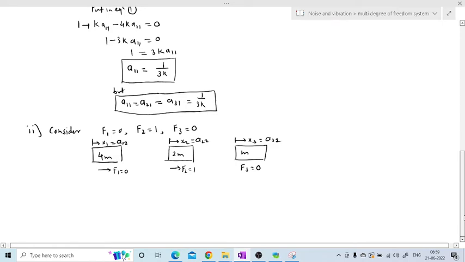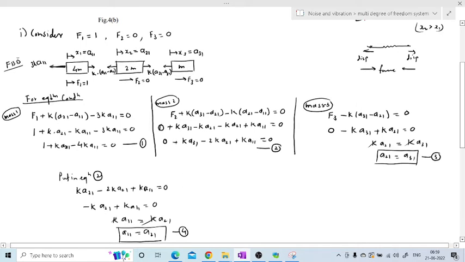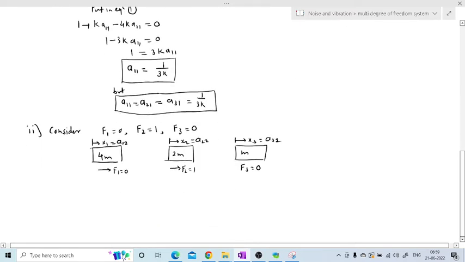Now we have to show the spring forces. For that, just go to the first FBD. Here see 3K displacement, so 3K into A11. Here I am going to replace 3K into A11; instead of that, I will write the displacement is A12.